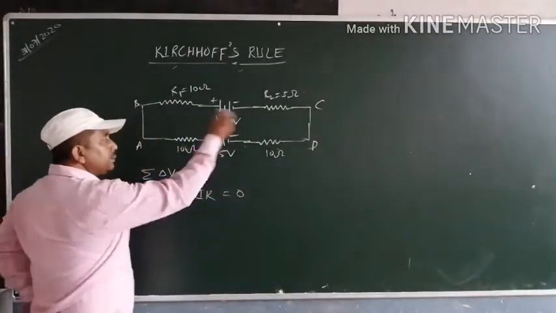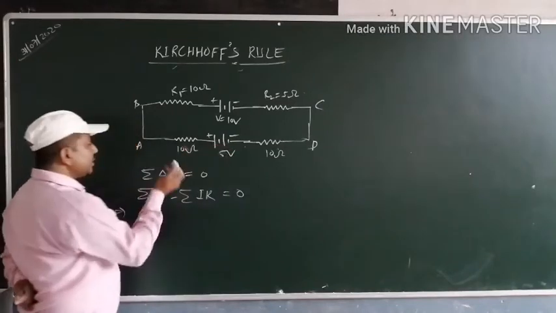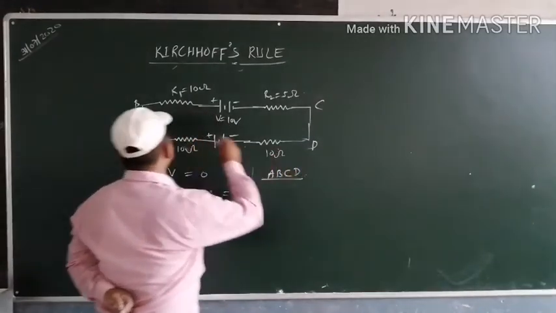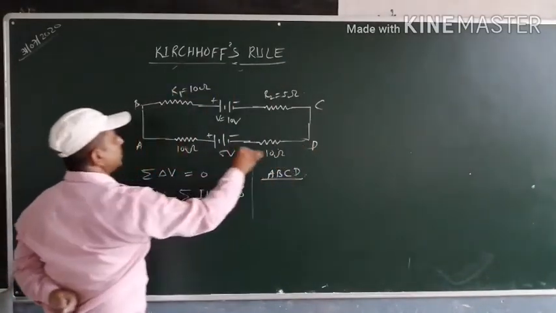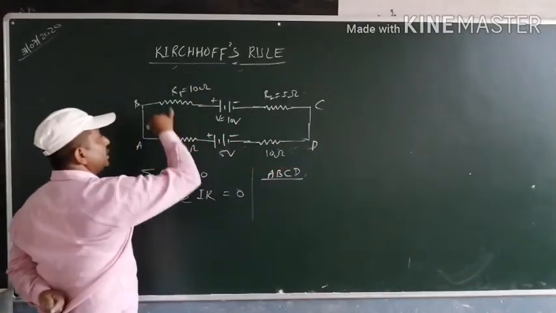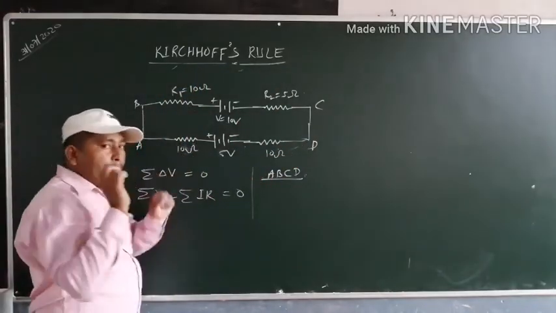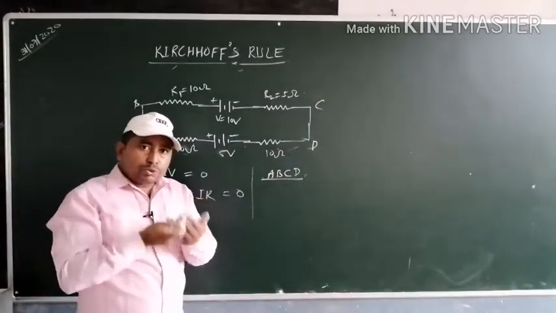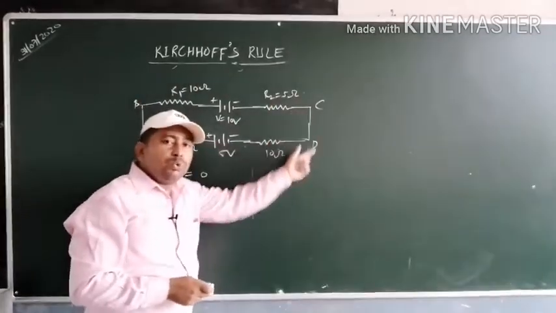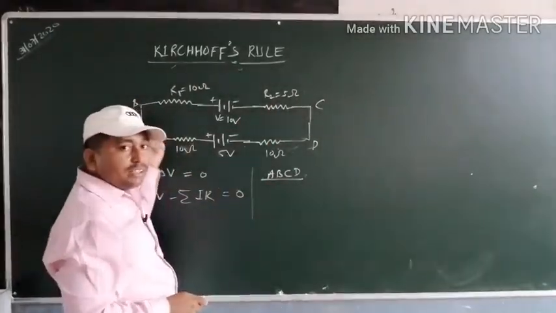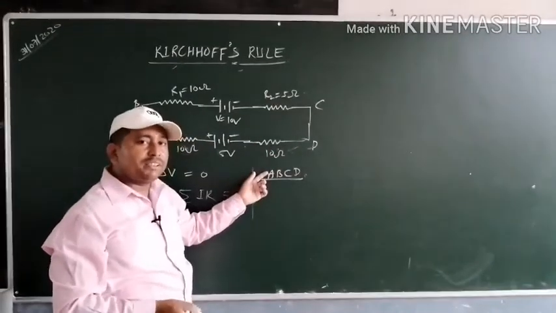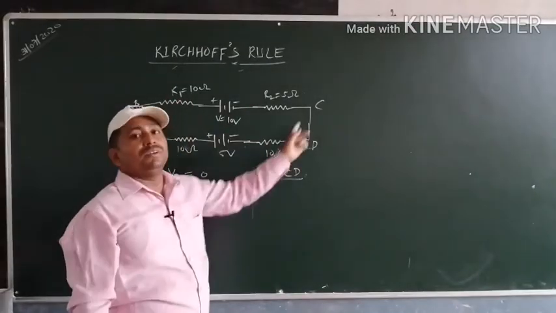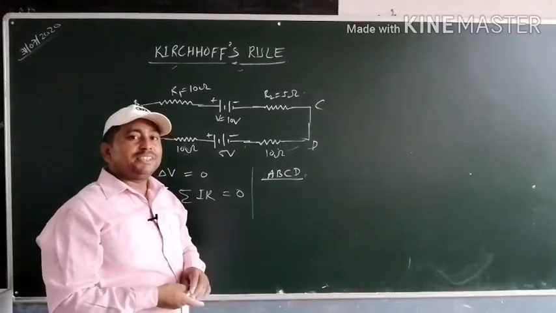So suppose that our direction of the loop is A, B, C, D. It means we take the loop in clockwise direction, A, B, C, D. Okay, so the battery sources are cells which support the producing of current in the direction of the loop acquired. They are considered as positive, but the potential source which opposes the direction of loop may be considered as negative.